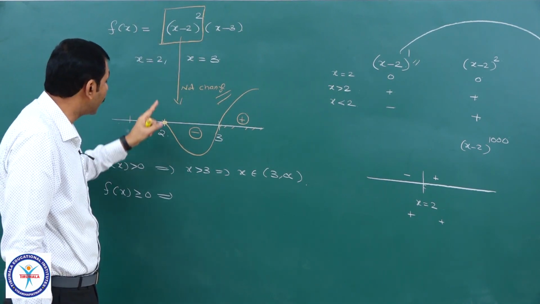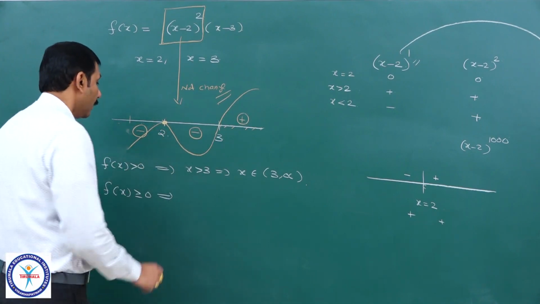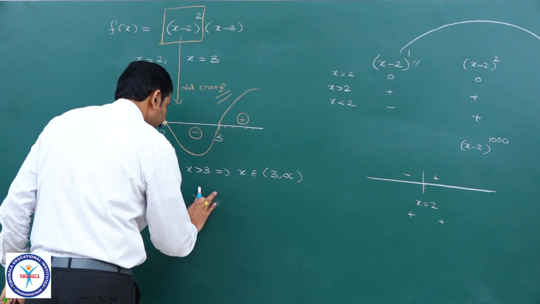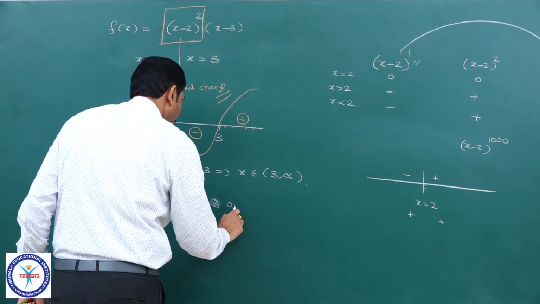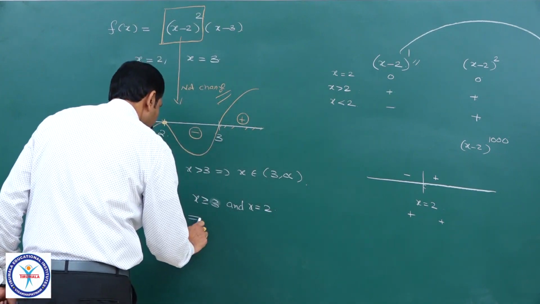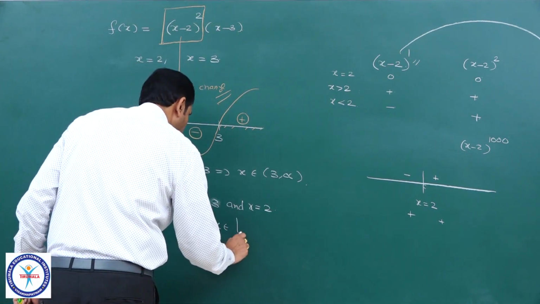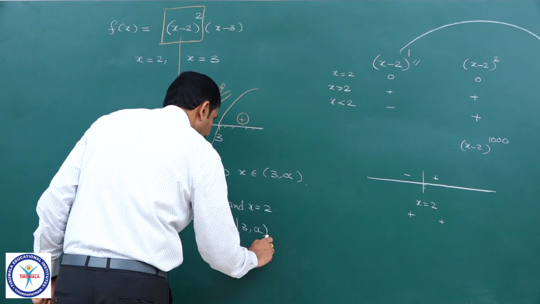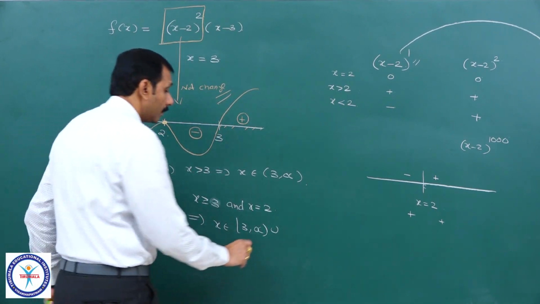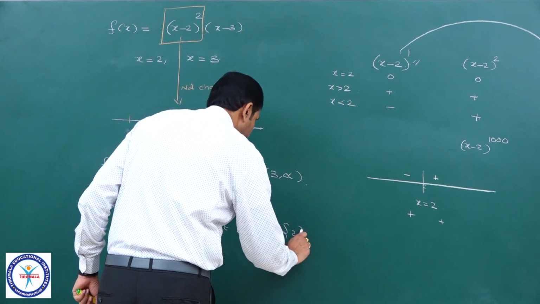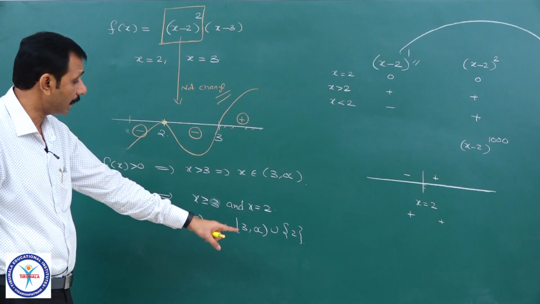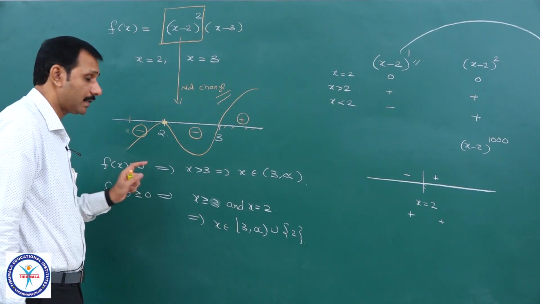You have to take care of this point, that is x greater than or equal to 3 and x is equal to 2, that is x belongs to closed 3 to infinity union, it is only one number, I will write set 2. Closed 3 to infinity union set 2 will be the solution for this one.